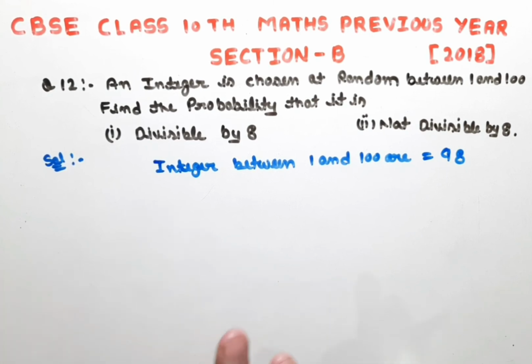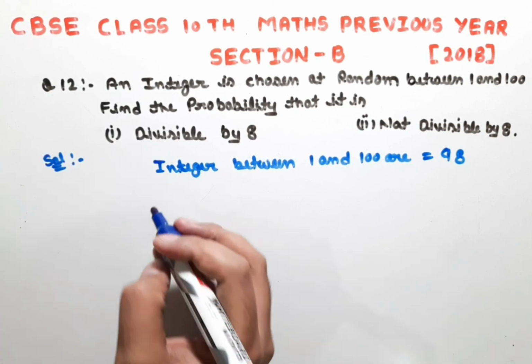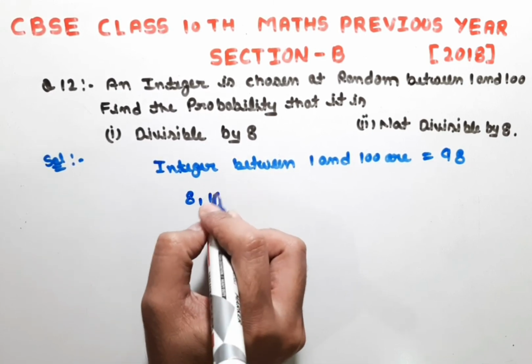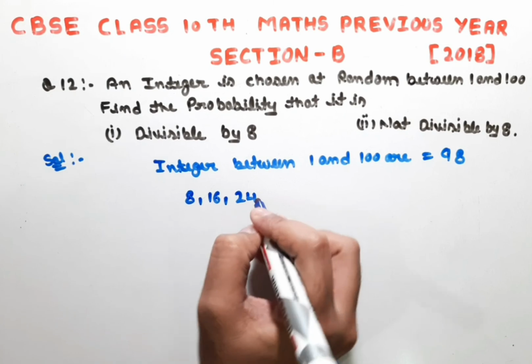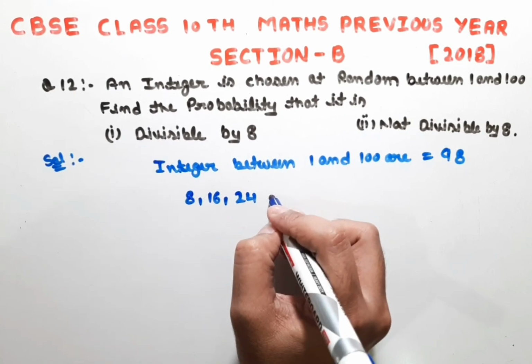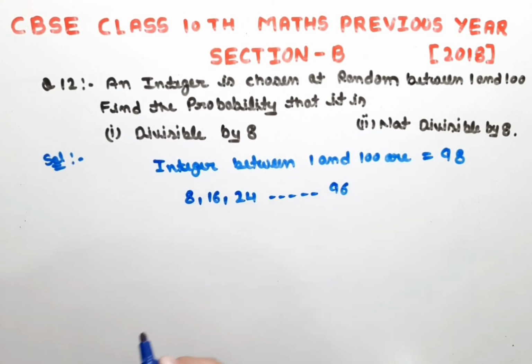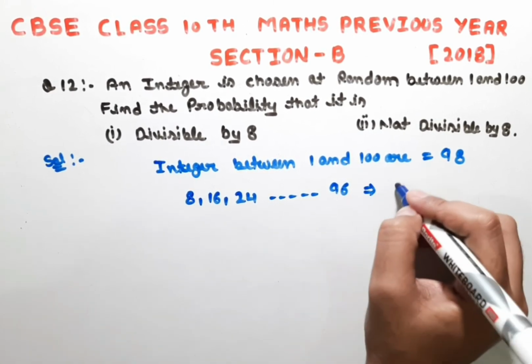The integers between 1 and 100 which are divisible by 8 are 8, 16, 24 and at last 96. So that is 12.